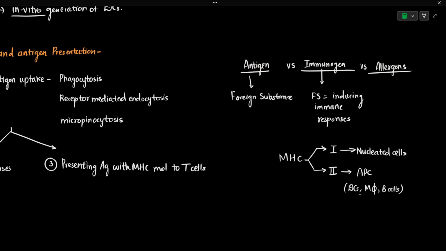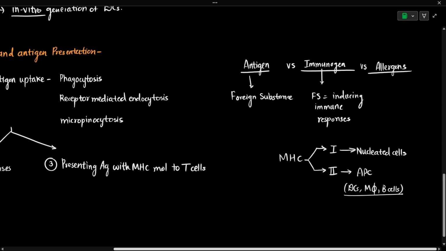These cells have a nucleus, which means those three types of cells will have both MHC1 and MHC class 2 molecules, but all of the other cells except RBC will have MHC1 molecule. And this is why the MHC molecules, the major histocompatibility complex, are also referred to as HLA.